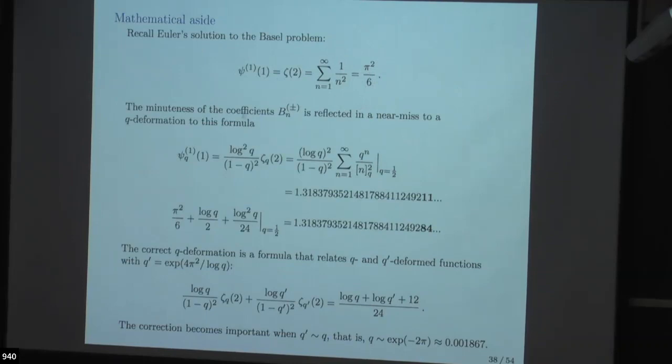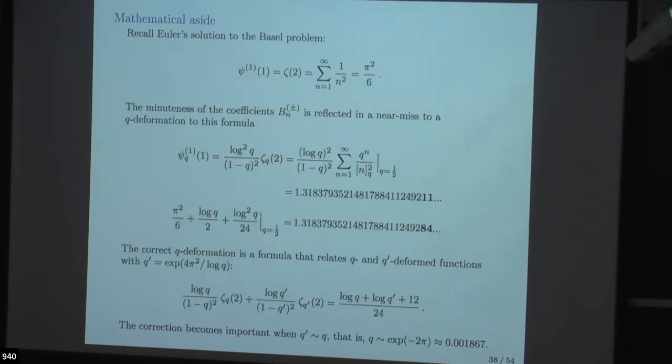And this minuteness we saw in these coefficients is reflected in a very near miss you get if you try to Q-deform this Basel problem. When I first worked on this, I thought, oh, how nice, I found a nice simple expression for the Q-deformed version, because I was using Mathematica and checking the first 20 digits, but then you go slightly farther and there's a discrepancy.